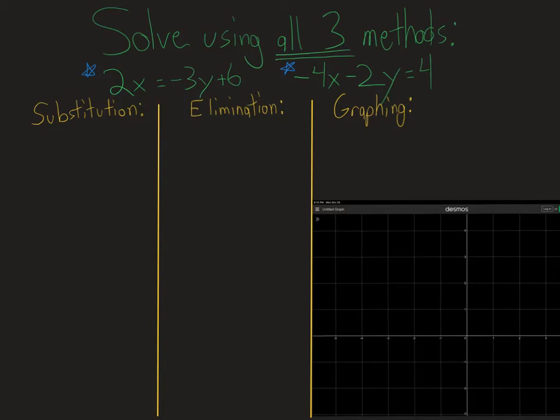All right, let's take a look. Substitution. I'm going to take those 2 equations. And if I'm going to use substitution, I'm going to look for the easy solving for a variable.